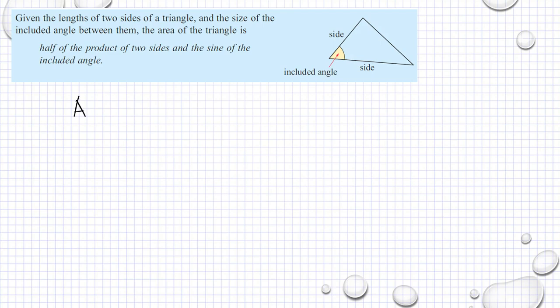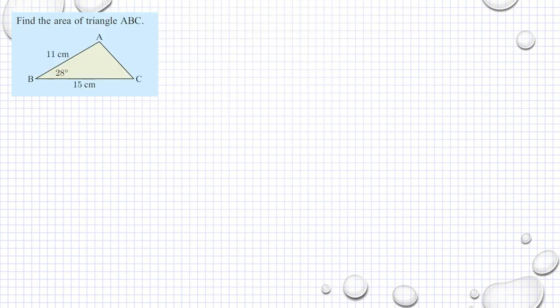The area of a triangle is equal to half of the product of the two sides, side 1 multiplied by side 2, times sine theta, the included angle.